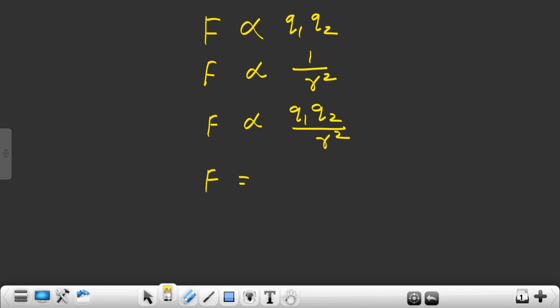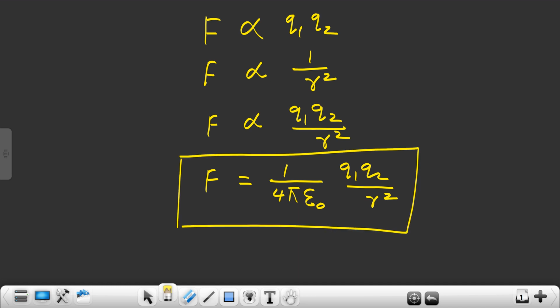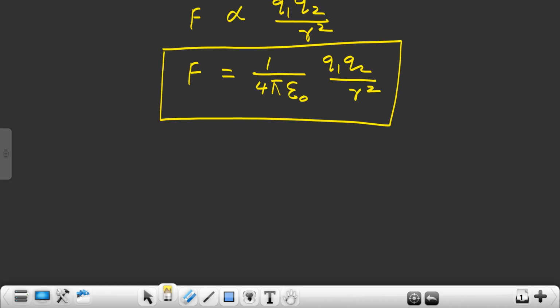Here the constant is 1 by 4 pi epsilon 0. This is the equation for Coulomb's law: F is equal to 1 by 4 pi epsilon 0 Q1 Q2 by r square, where epsilon 0 is the permittivity of free space.